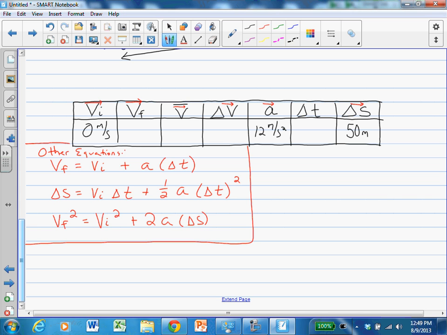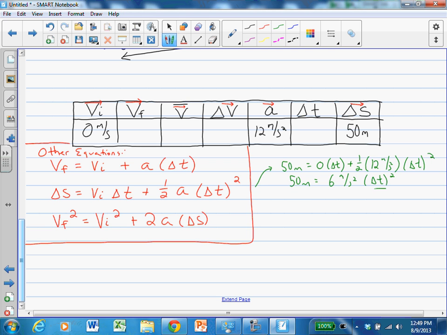So if I try this one, I would have 50 meters equals 0 times delta T, so that goes away, plus 1/2 12 meters per second squared delta T squared. So 50 meters equals 6 meters per second squared times delta T squared.